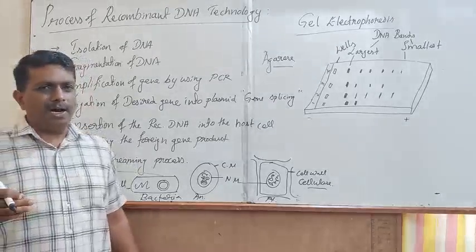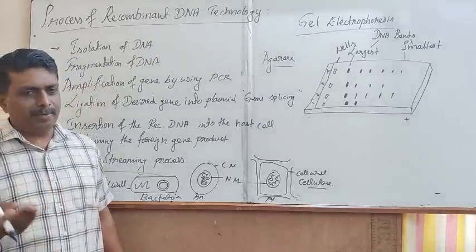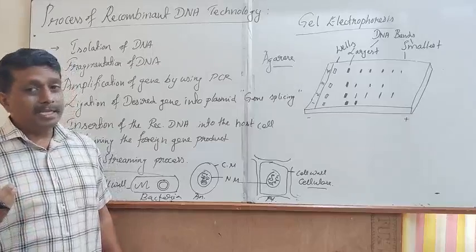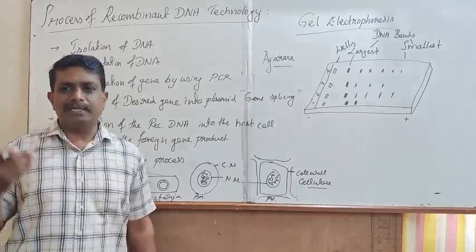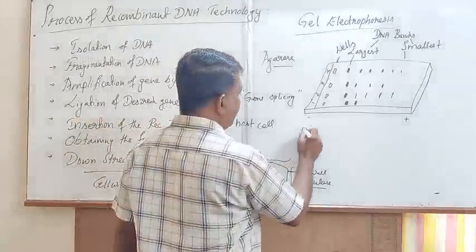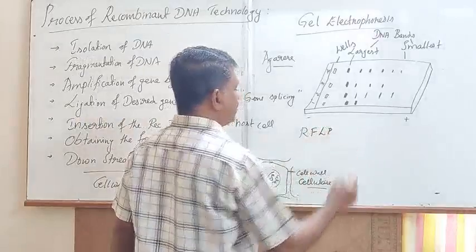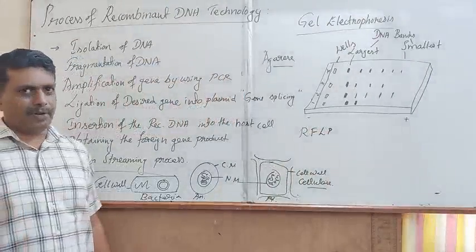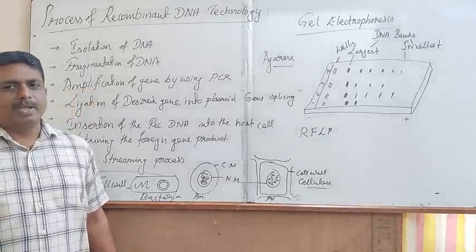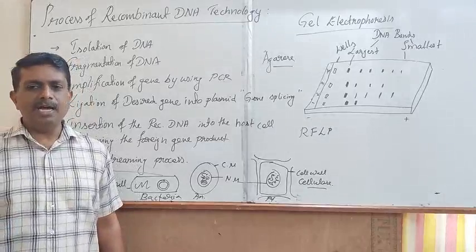As a result of the characteristic size and molecular weight of the DNA, the fragmented DNA is separated, resulting in restriction fragment length polymorphism. Restriction fragment length polymorphism is resulted.